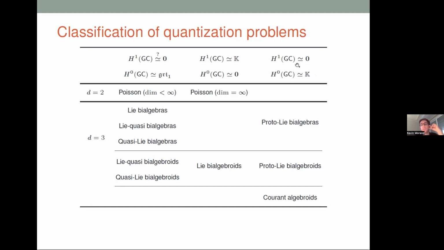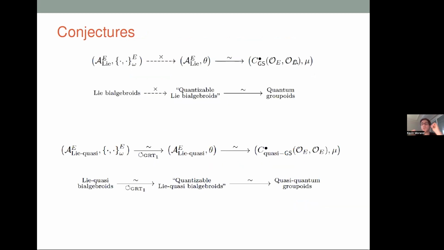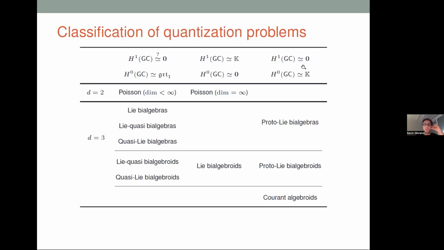So it seems that it is quantizable, but in a bit trivial way, in the sense that since the obstruction vanishes, you can always, by induction, construct step by step some quantization map, and the classification is also a bit trivial.